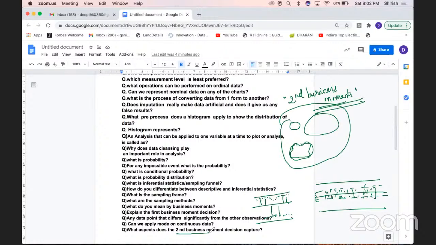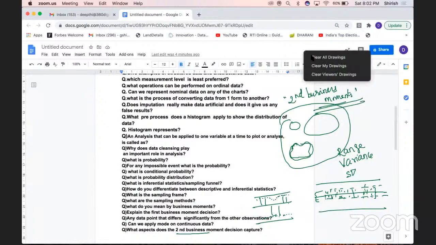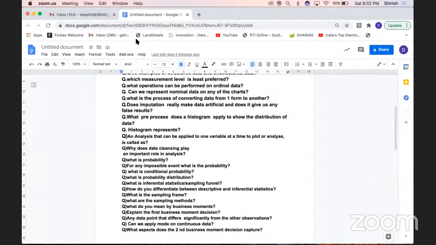Okay, why don't we take one more question and stop here? What is this degrees of freedom then? We talked about mean, variance, right? We talked about standard deviation. We also know now that this is under your second business moment decision. Now, what is this degrees of freedom?